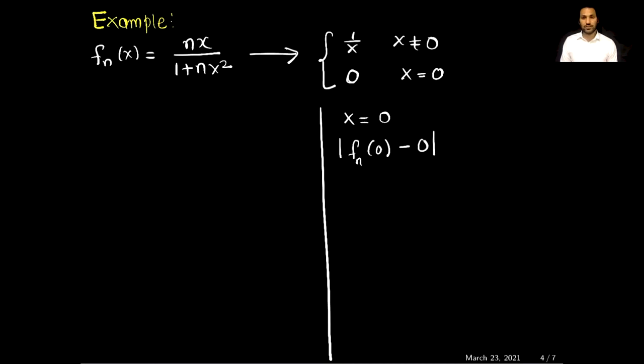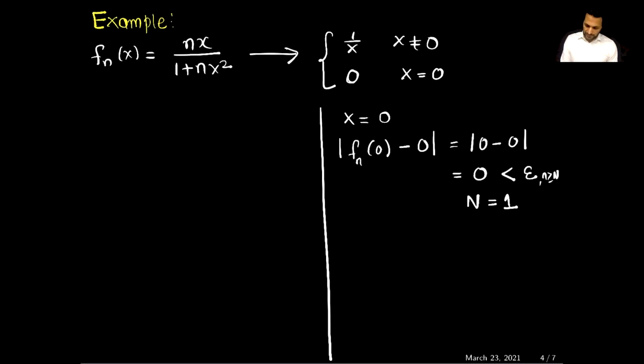In other words, we need to find N so that this distance is less than epsilon when I take my little n bigger than that capital N. In this case, if I plug 0 into my sequence of functions, I will get 0. So 0 minus 0 is basically 0, and you can make this less than epsilon even if you choose capital N as 1. So this is true for all n, and this will be true when little n is bigger than capital N.